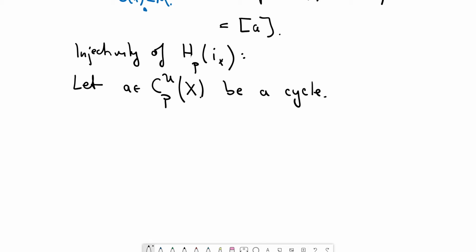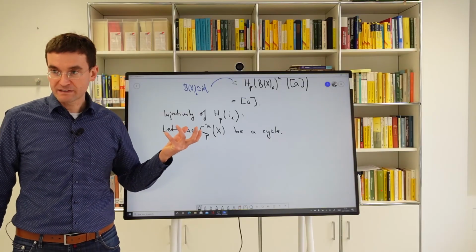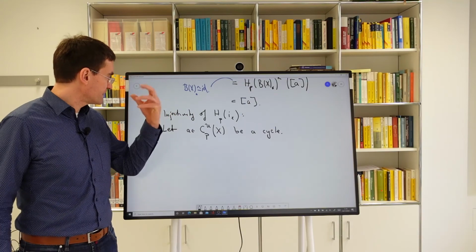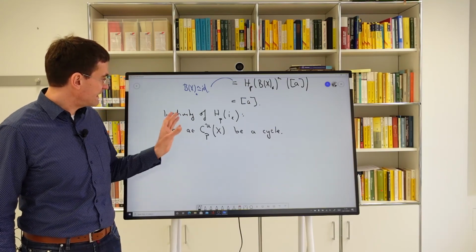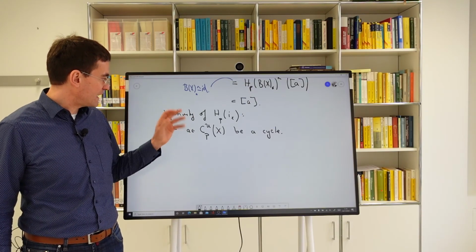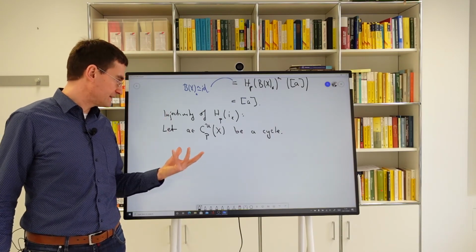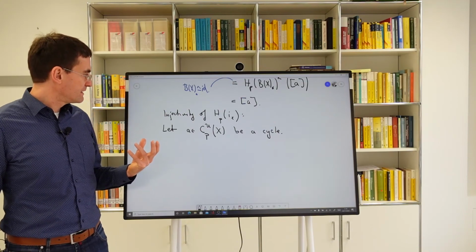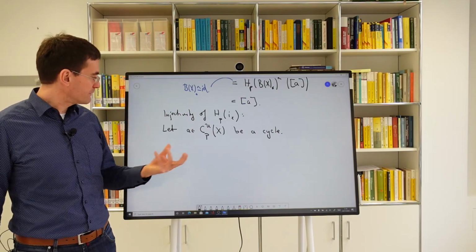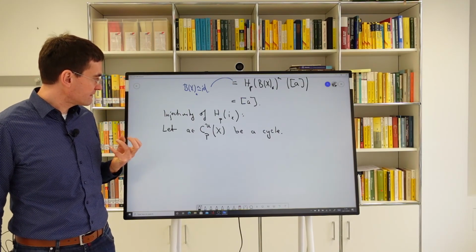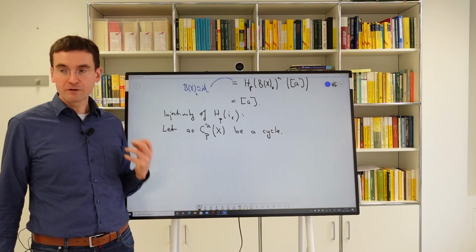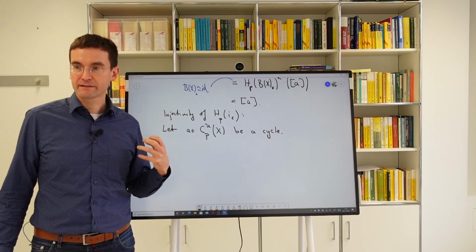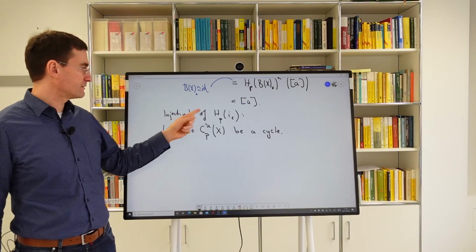And then we apply to this class the map induced by i star, and then we suppose that it's 0, meaning that A is a boundary not in C_p^U(X), but in C_p(X). So that's the situation we have to look at. So if it's a boundary in C_p(X), we have to show it's already a boundary in C_p^U(X). And that's exactly the injectivity on the level of homology.